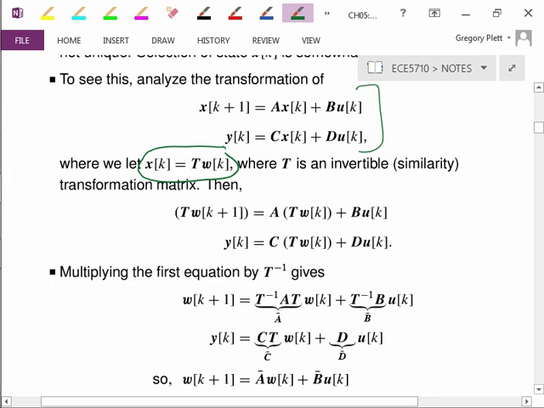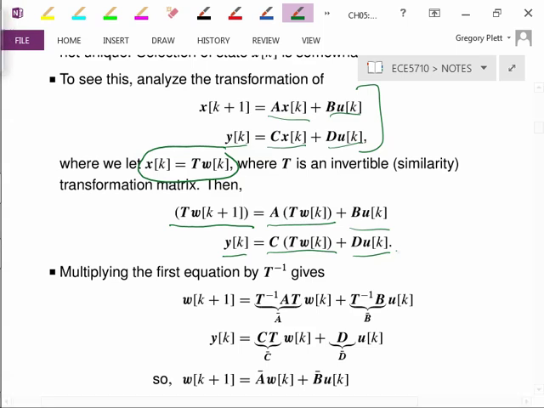Let's see what happens if we follow through with this substitution. So if x_k equals T w_k, then x_{k+1} is T times w_{k+1}. And A times x_k becomes A times T times w_k, and B doesn't have an x, it remains the same. y remains the same, but Cx becomes C times T times w, and Du stays as it is.